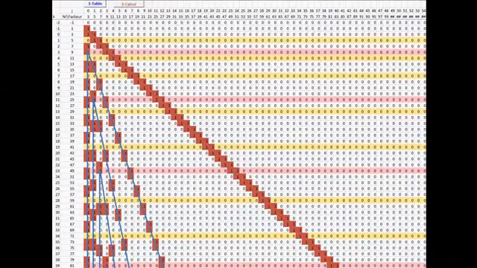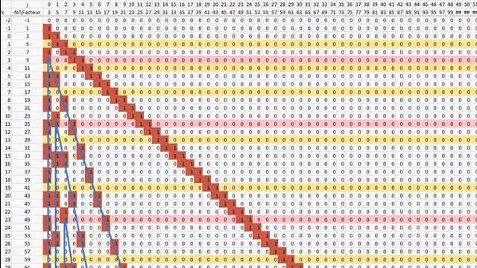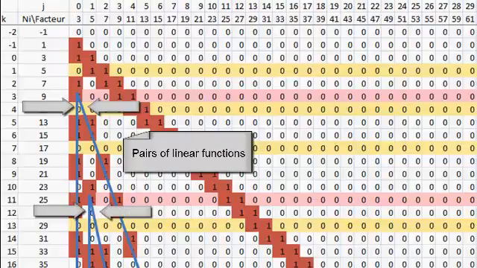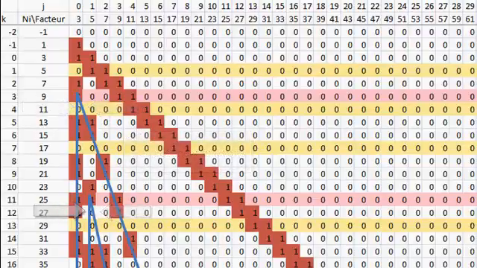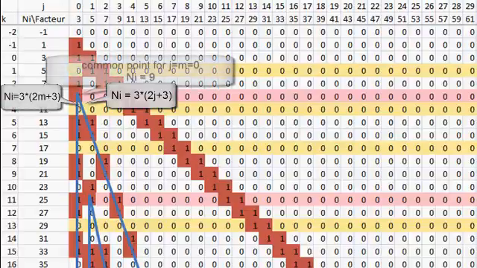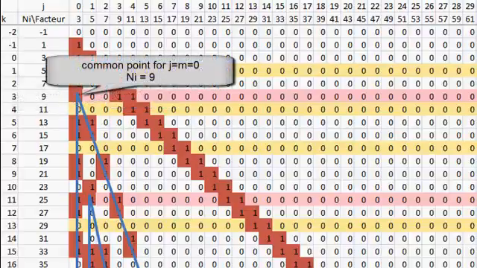The two types of linear functions form a pair of linear functions. The pairs of linear functions appear for the same factor of j. So, for the factor of 3, the linear functions 3 times 2 times j plus 3 and 3 times 2 times m plus 3 share a common point when j equals m equals 0.